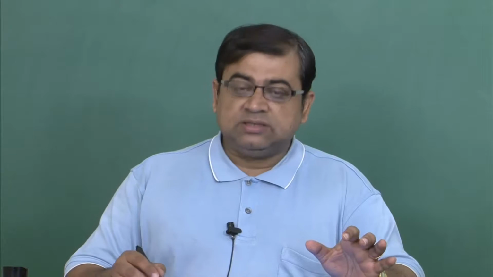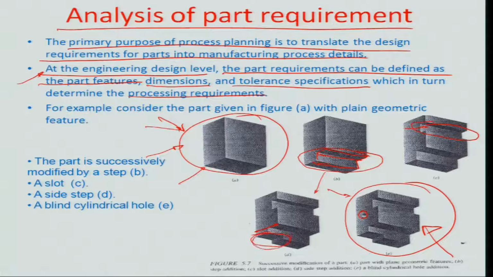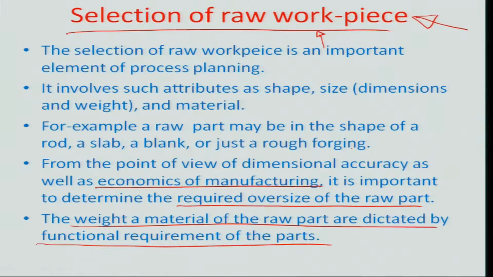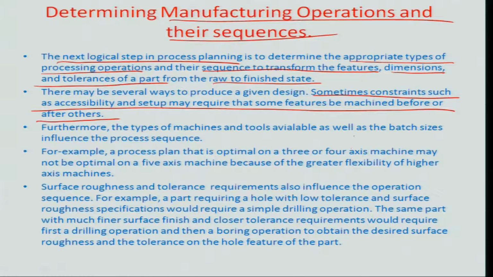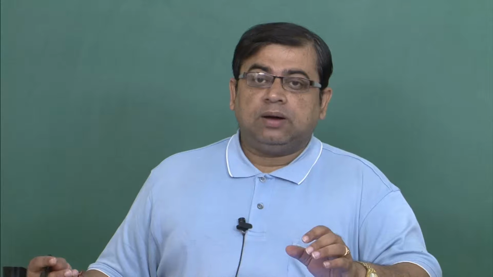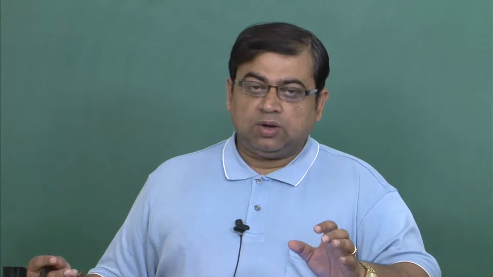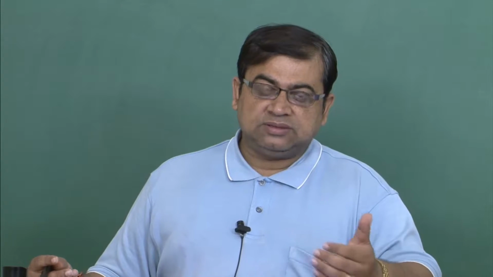So there is a sequence in which you have created the side step with respect to the whole step here in figure B of the part requirements. So there is obviously a basis for the sequencing of the different operations. Sometimes you may talk about holes, or you may talk about corners which are inaccessible when another machining process is worked upon it.